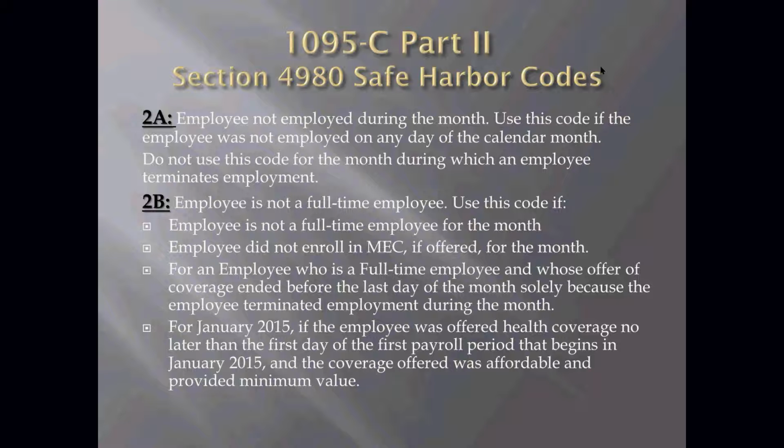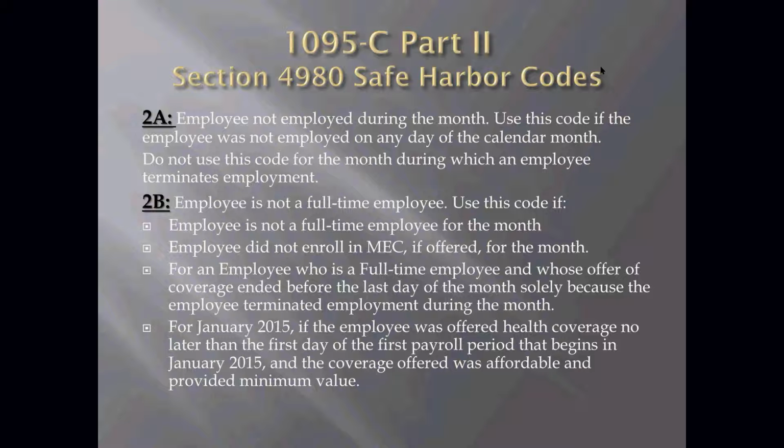2B, employee is not a full-time employee. You'll use this code if the employee is not a full-time employee for the month, or the employee did not enroll in minimum essential coverage, if offered for the month. Also, if an employee is a full-time employee and whose offer of coverage ended before the last day of the month solely because the employee terminated employment during the month.